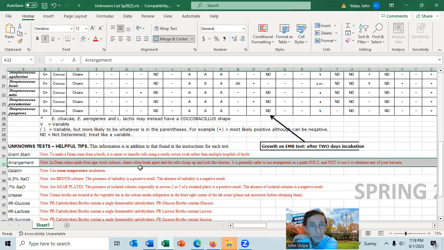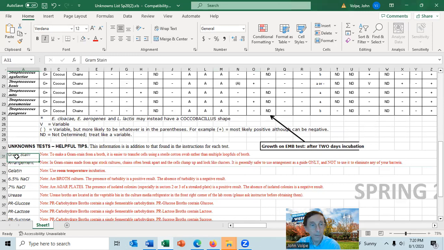So a chain can break apart and the cells can clump together, making them look like a cluster, even though the cells were not originally in a cluster. So you must use cellular arrangement as a guide only, and not use it to eliminate your bacteria when you do the gram stain.